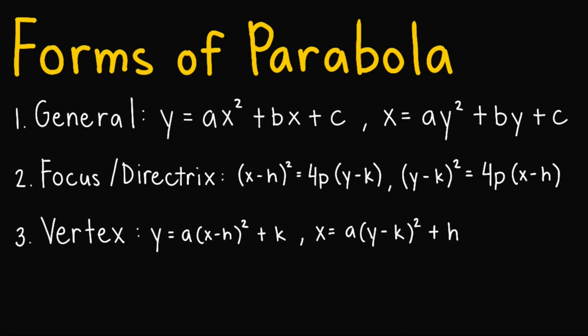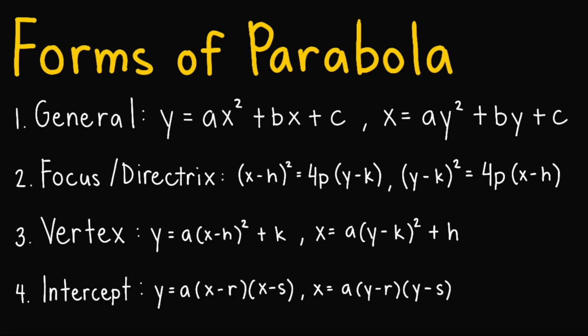Lastly, we have the intercept form of a parabola, and this one is given by y equals a times x minus r times x minus s, or for the horizontal orientation, we have x equals a times y minus r times y minus s.